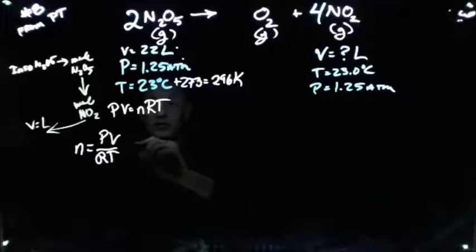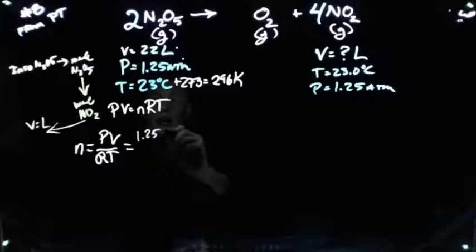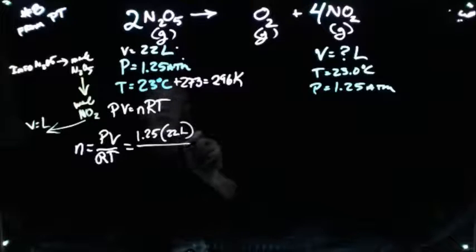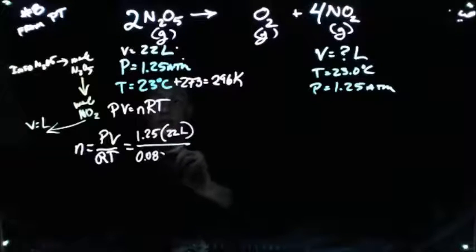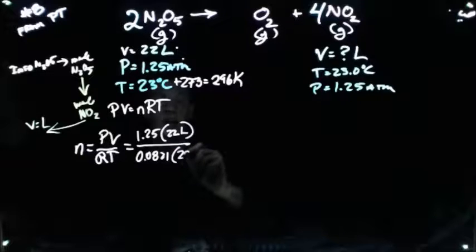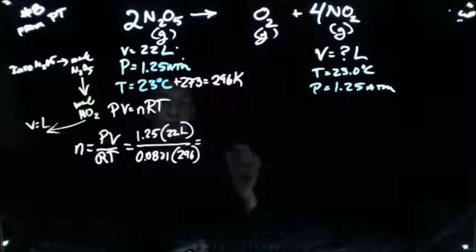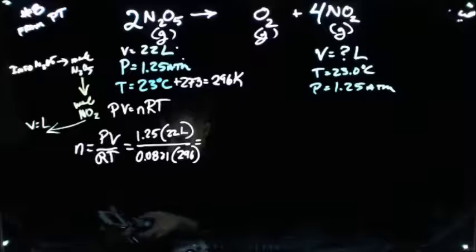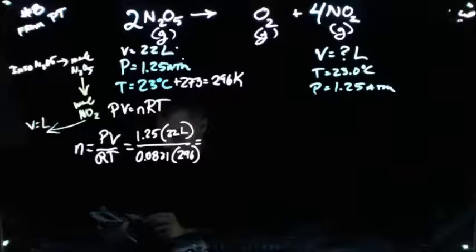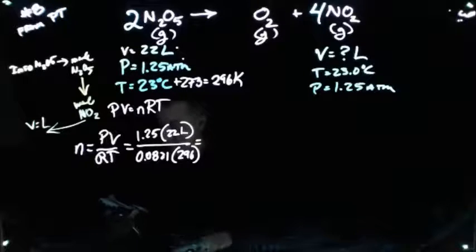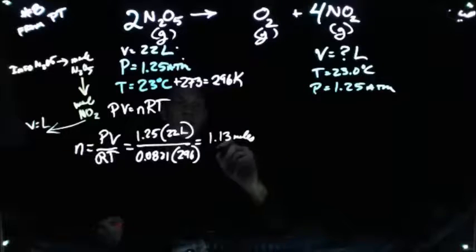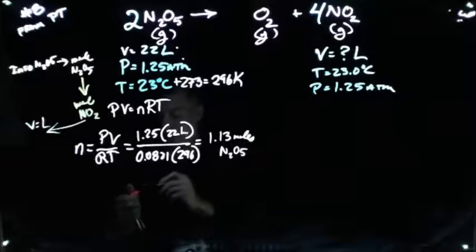So then that means 1.25 atmospheres times 22 liters divided by 0.0821 times 296 Kelvin, and moles is going to come out to be 1.13 moles of N2O5.